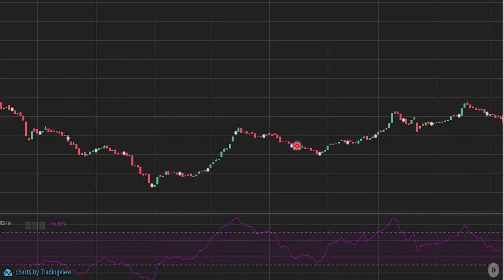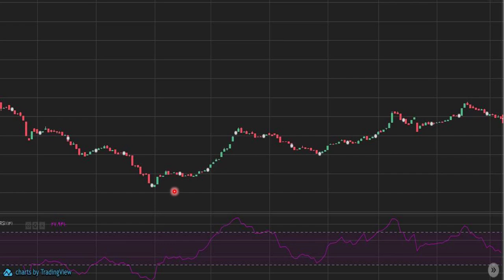The trend is a little upward at this part, and from the beginning of the trend until here, we have a downward trend. Okay, in this trend, we have a buying signal here and here.